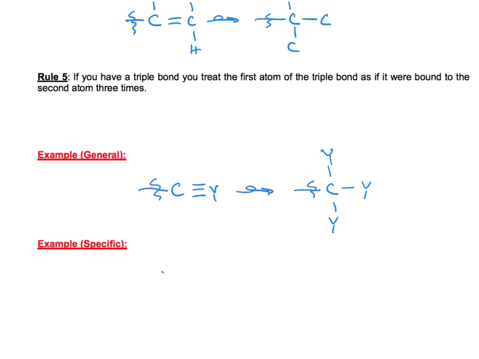So in a specific example, we can look at an alkyne. Here we've got a carbon-carbon triple bond. Really, that's saying that this carbon is bound to the second carbon of the triple bond 3 times, because once, twice, 3 times. So that's how you deal with multiple bonds.